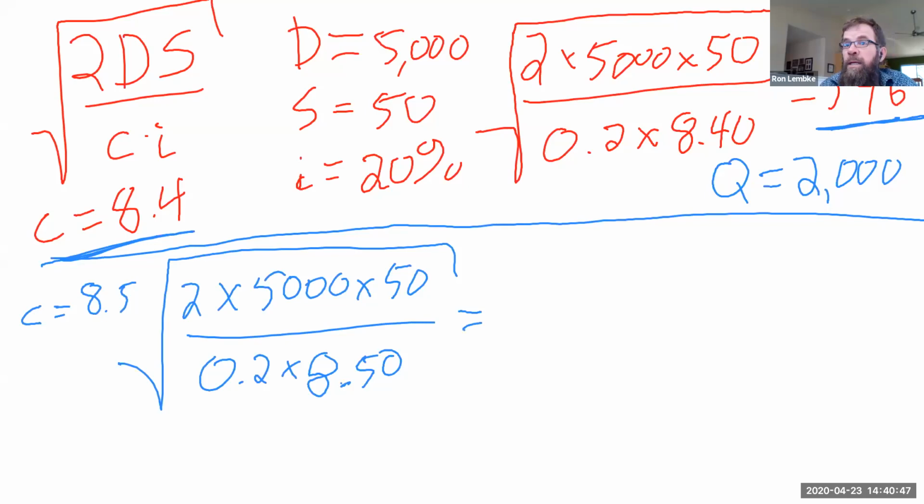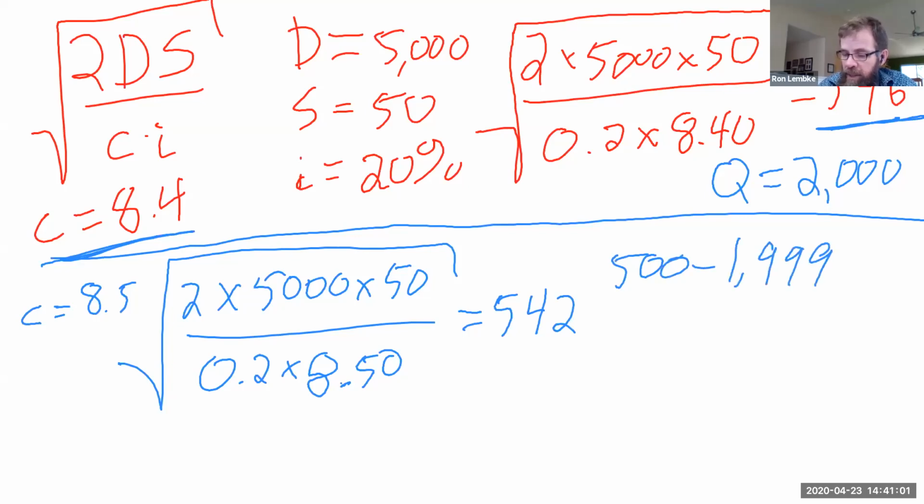When we punch that in our calculator, we end up with 542. Our supplier says we have to buy between 500 and 1999 to get that price, and obviously 542 fits in that range. So the next calculation we will do is look at the total cost at Q equals 542.